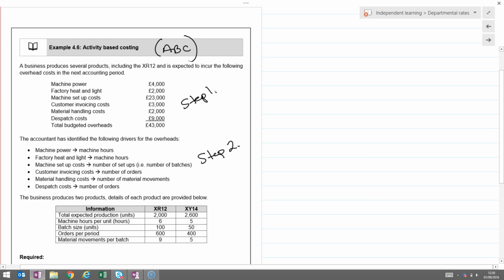Step 3 is to group all the overhead costs that are caused by the same activity together into the cost pools. Okay, so step 3. Machine power was caused by machine hours.